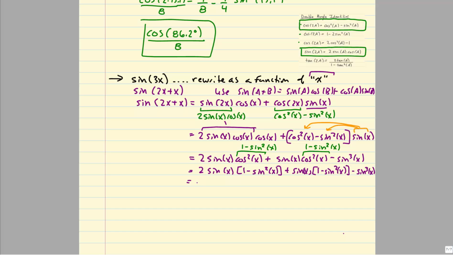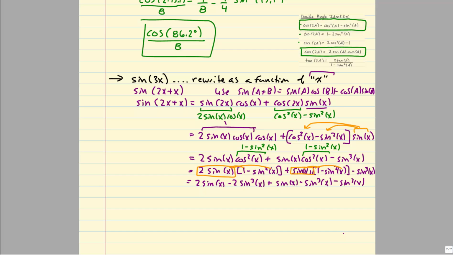Okay, so distributing, I get 2 sine of x minus 2 sine cubed of x plus sine of x minus sine cubed of x, minus sine cubed of x at the end. So I'm taking this and distributing here and here, and taking this and distributing here and here.